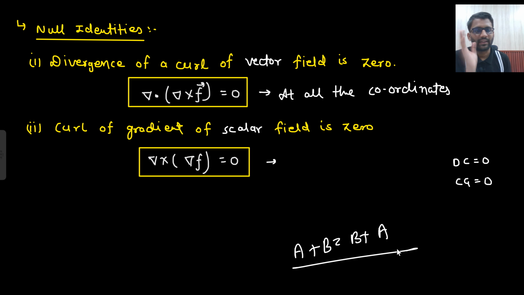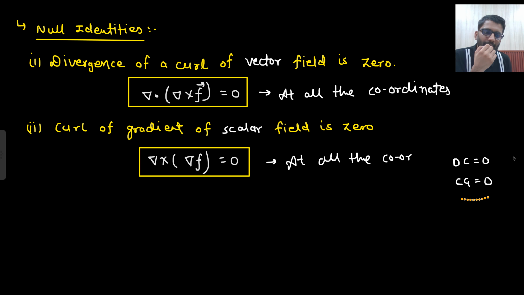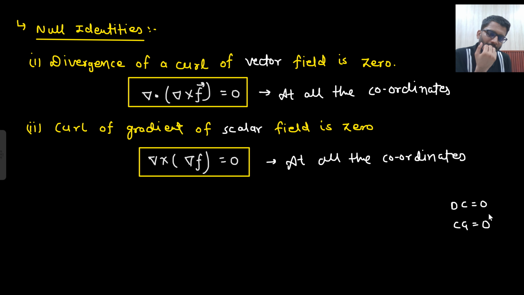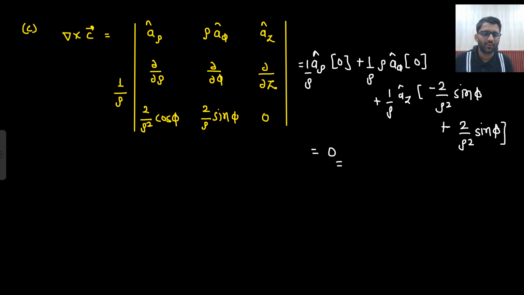That's for sure. So at all the coordinates, here you will not have the doubt that sir, if I put rho equals to infinity, then it goes to 0. No.